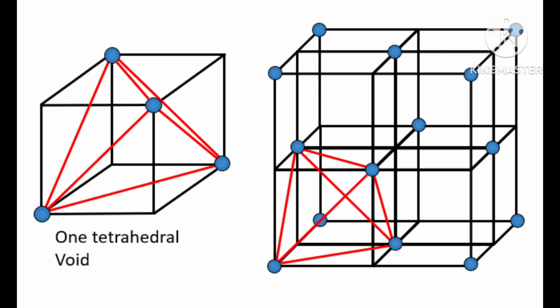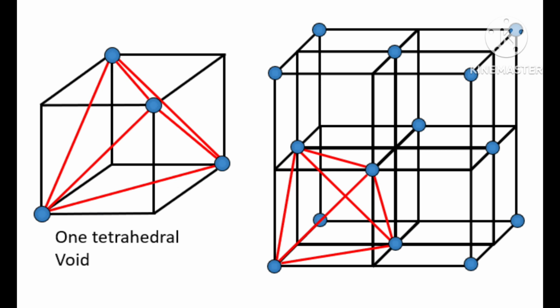There is one tetrahedral void, meaning a gap, in each small cube, and 8 tetrahedral voids in total, because a total of 8 cubes are there. In total there will be 8 tetrahedral voids.